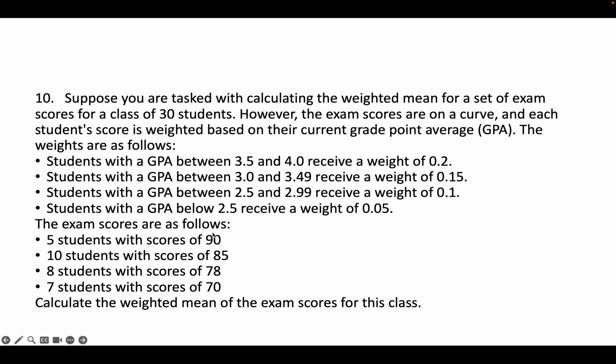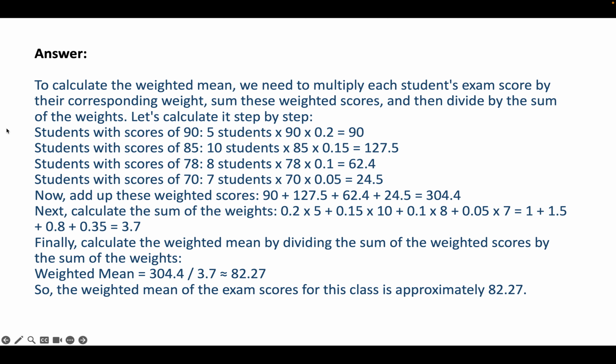The exam scores are as follows. 5 students with scores of 90, 10 students with scores of 85, 8 students with scores of 78, and 7 students with scores of 70. Calculate the weighted mean of the exam scores for this class. We first will get the weighted scores for all the scores. 5 students got 90 and the score of 90 received the weight of 0.2.